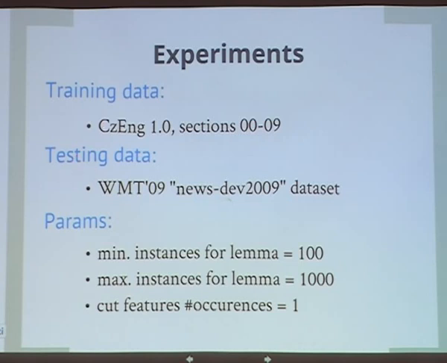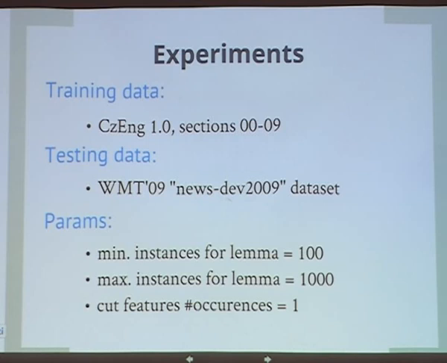And testing data was the NewsDev 2009 dataset. For all of the experiments I'm going to present, the same parameters were set. These parameters were set to limit the size of the translation model.